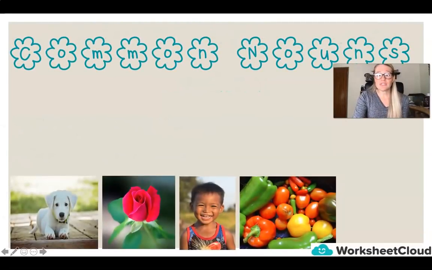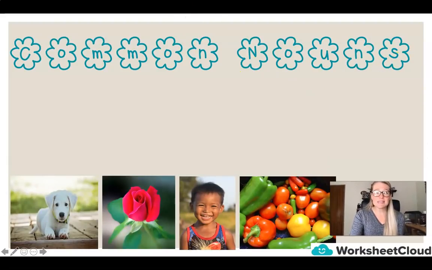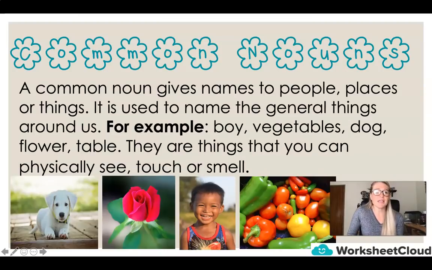We are going to start off with common nouns. Now, what exactly is a common noun? Right. A common noun gives names to people, places, or things. It is used to name the general things around us.